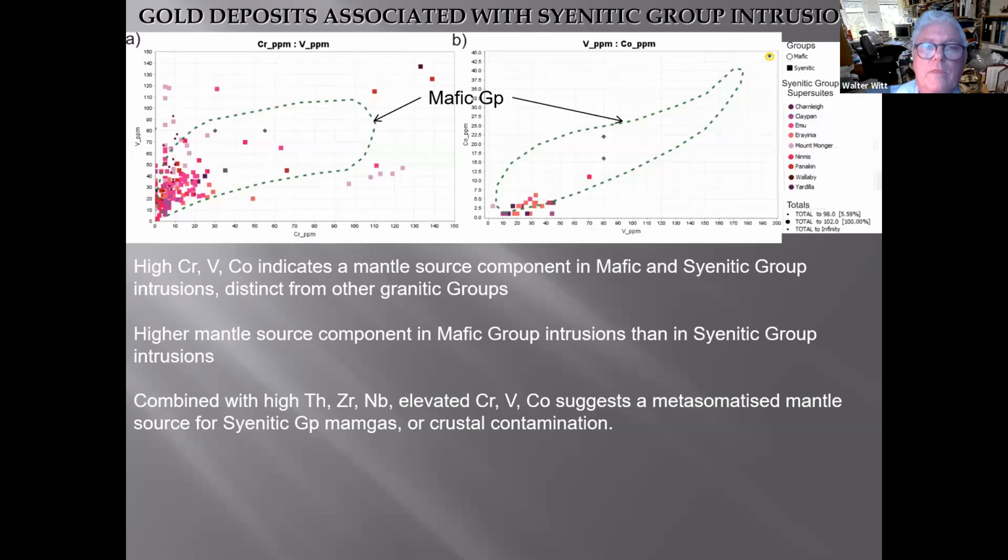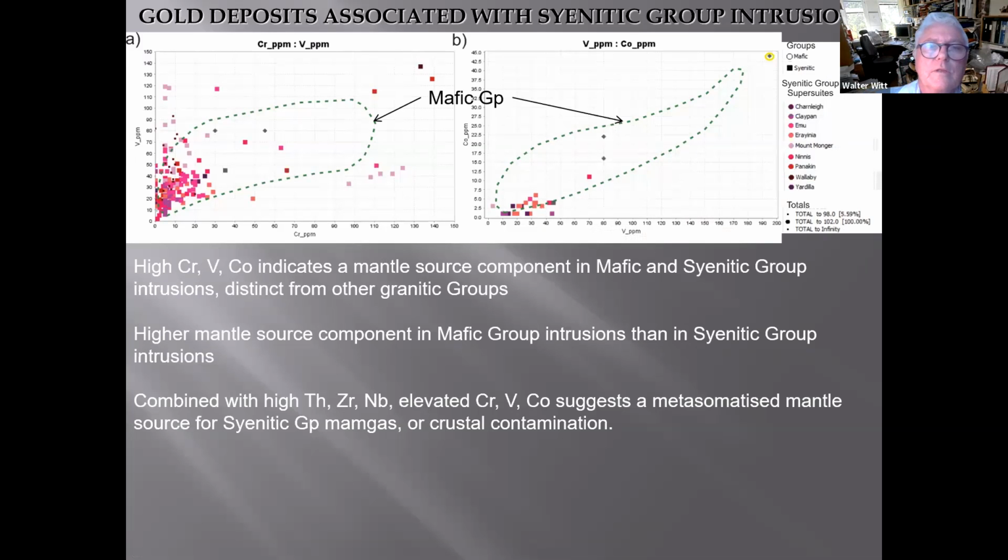They were the immobile incompatible elements, and this slide addresses the immobile compatible elements: chromium, vanadium, and cobalt. It shows that the syenitic group intrusions have high chrome, vanadium, and cobalt, though not as high as the mafic group intrusions.